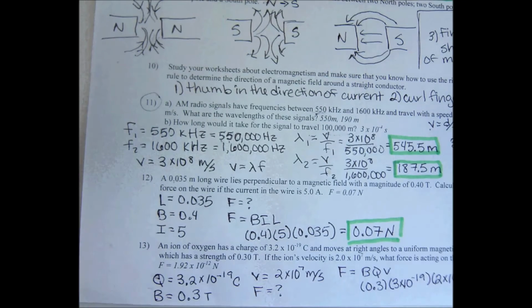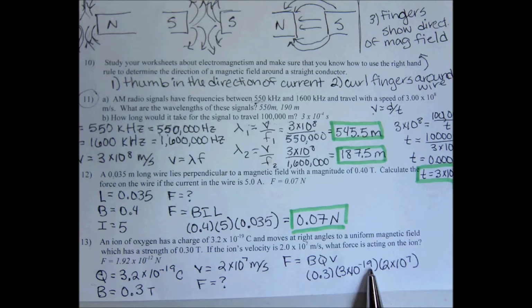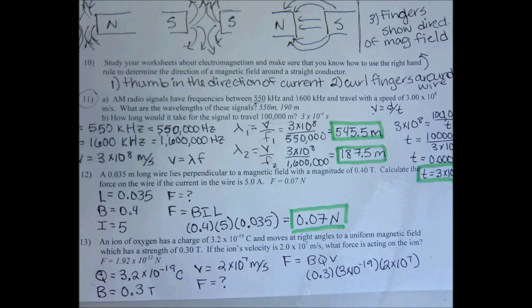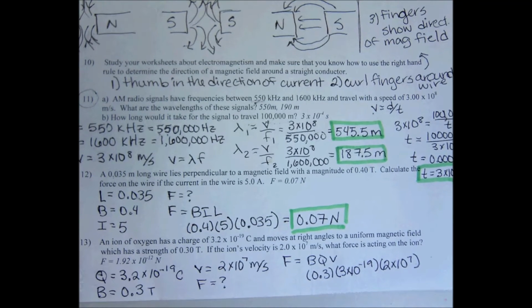We should be able to see right away that this is going to be a very small number because negative 19th is much smaller than positive 7. Be careful as you're plugging this into your calculator. It is easy to confuse your calculator when there are multiple exponents happening. It's not as bad in this problem since everything is multiplying. It's much worse in problems where you're dividing.